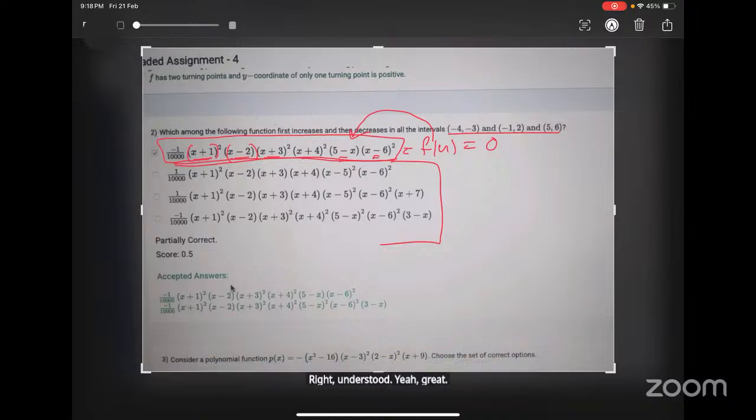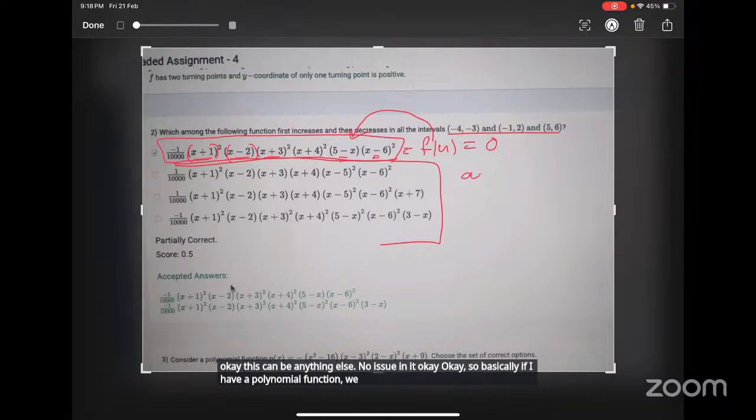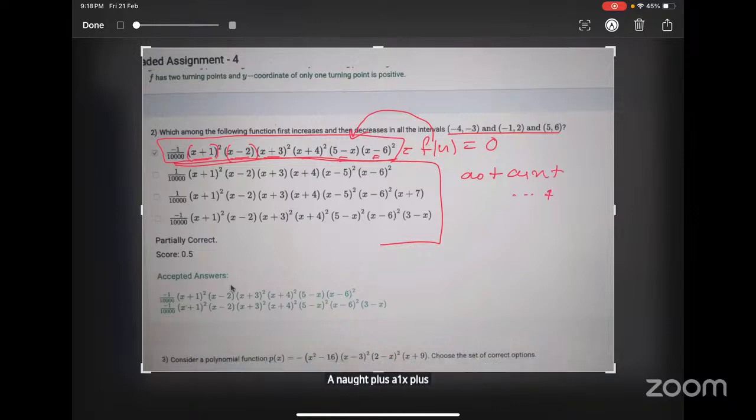Okay. So basically, if I have a polynomial function, we know that generally we can express it as a naught plus a1 x plus ... up to some an x power n, right?